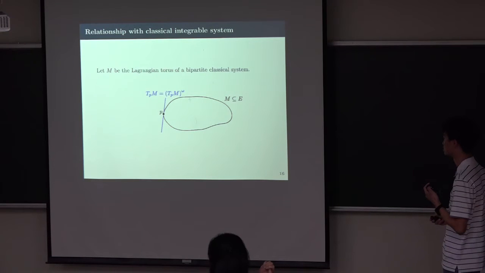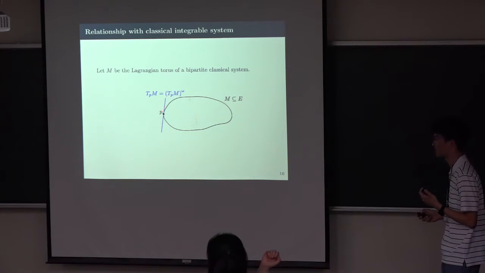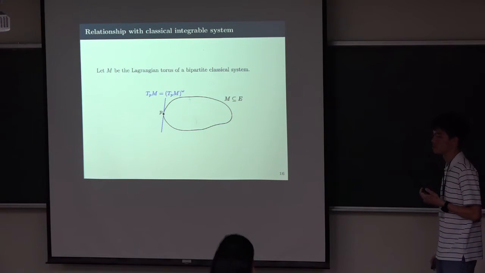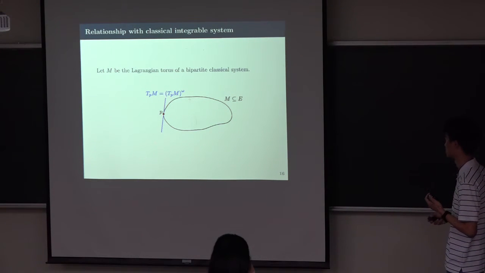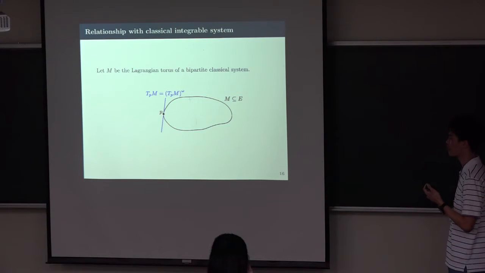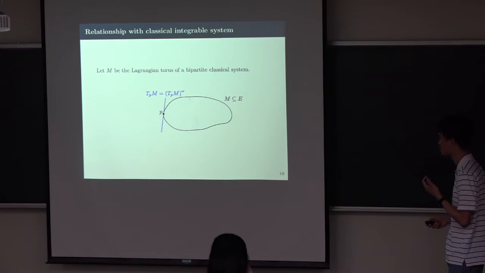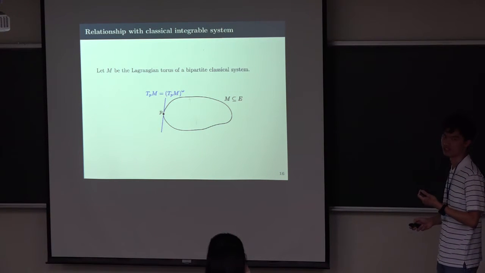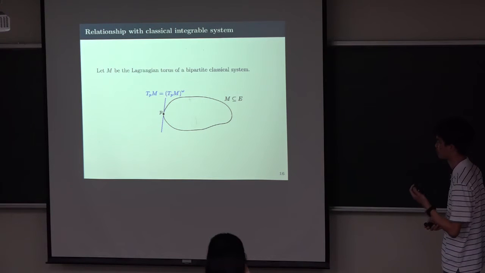So for a point on this Lagrangian torus, the tangent space is a Lagrangian subspace, and we can test if this Lagrangian subspace is Lagrangian also with respect to omega minus.